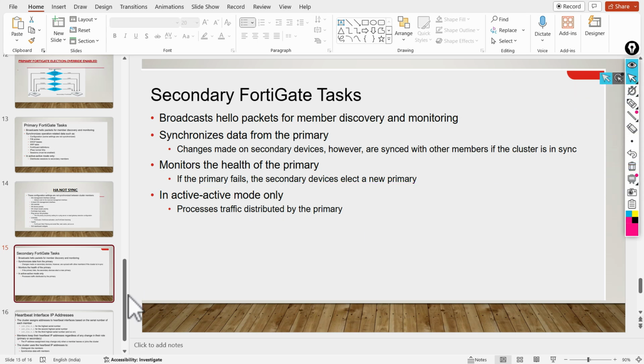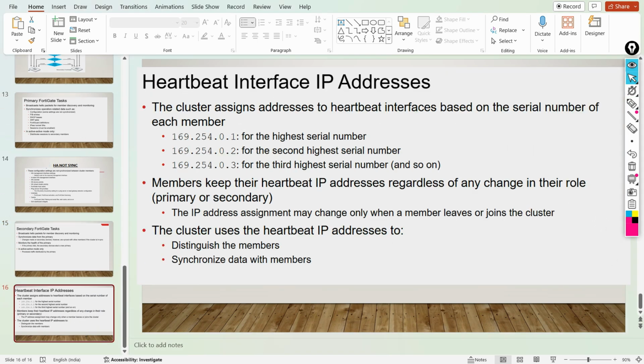Let's begin the next thing. Next slide. So there are the heartbeat interface IPs. What we earlier discussed was the VM based scenarios, and now in this case we will understand the layer 2 addresses.